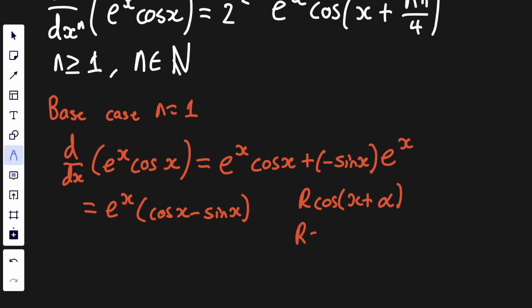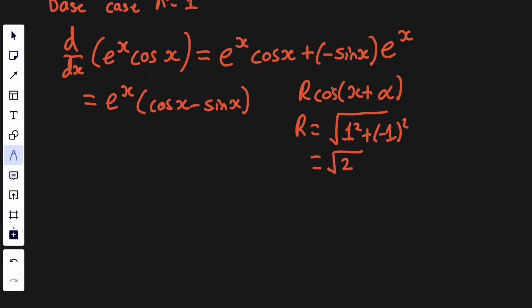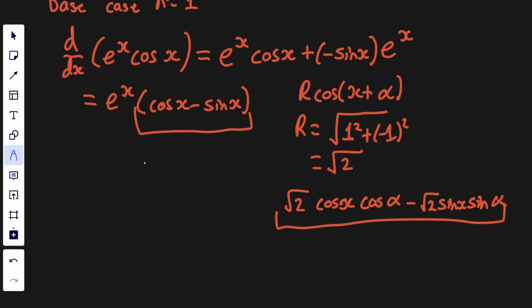First of all, we know that R is equal to the square root of the coefficients. So we have 1 squared plus (minus 1) squared, which is the square root of 2. And now if we were to expand this, we would have root 2 cos x cos alpha minus root 2 sine x sine alpha. If we want this to be identical to this, we need to have the same number of sine x's and the same number of cos x's.